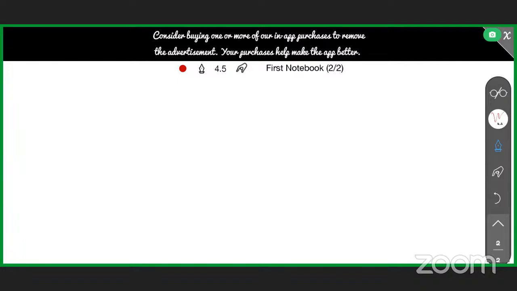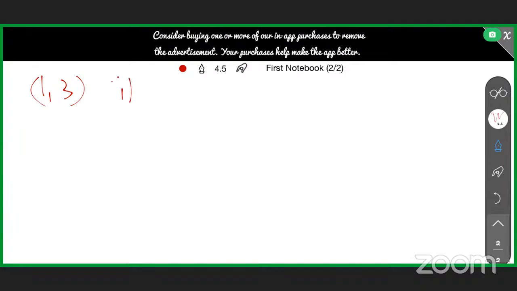Point 1 comma 3 undergoes a transformation. Point 1 comma 3 is undergoing a transformation.